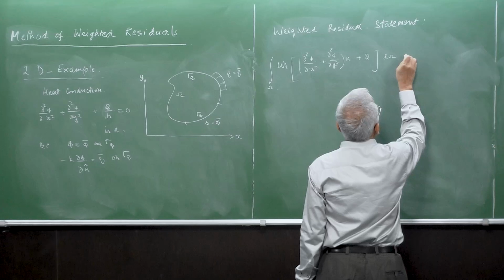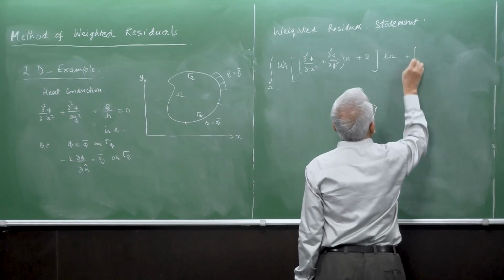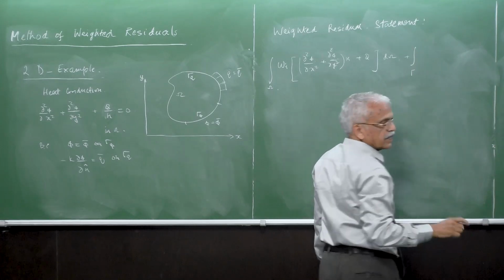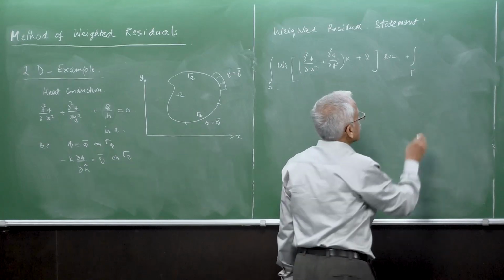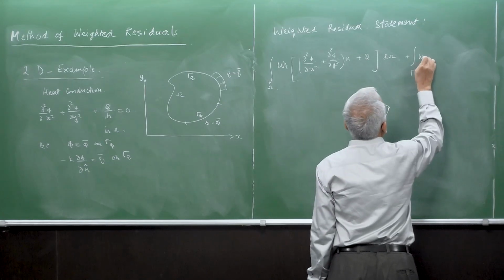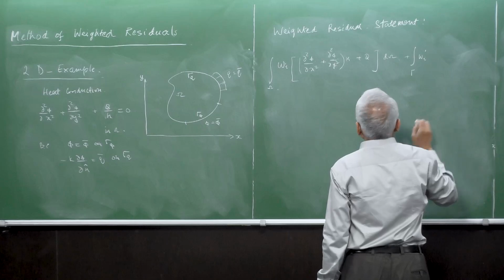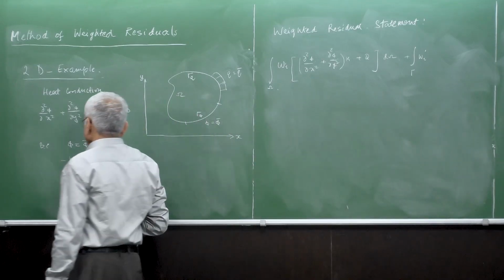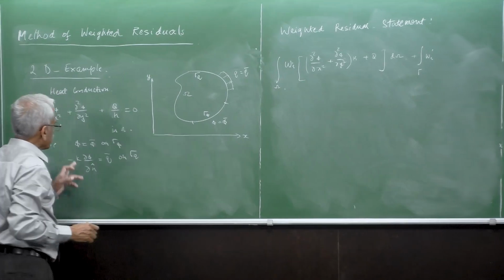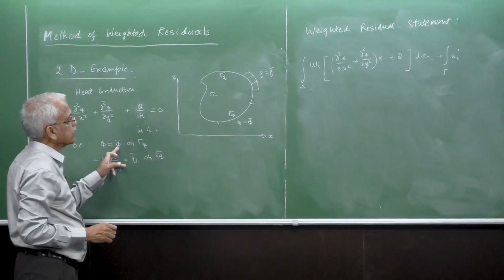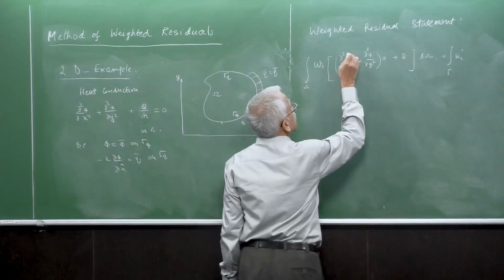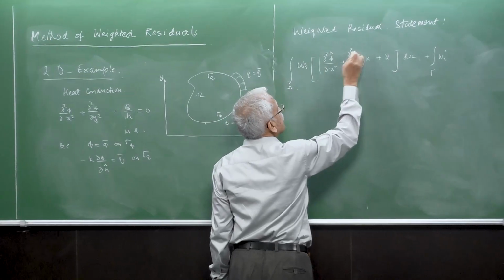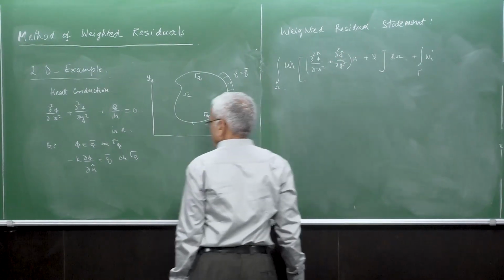So then here, what is that? The boundary term which we want to take into the weighted statement is Wi prime. So there are two boundary conditions, phi is equal to phi hat. So, well, these are the ones, phi hat, which we are assuming.